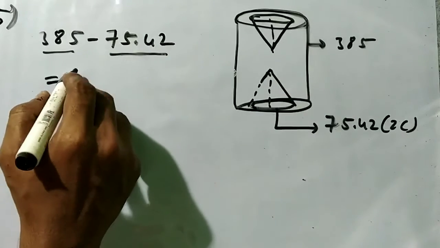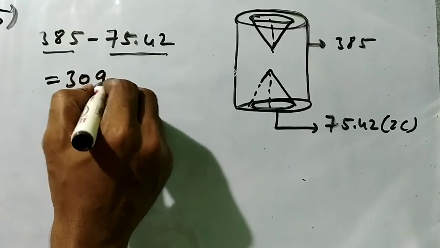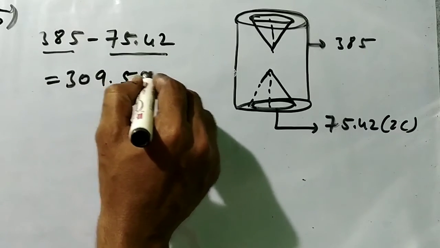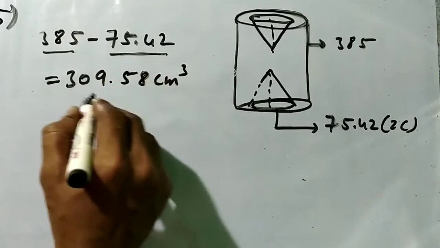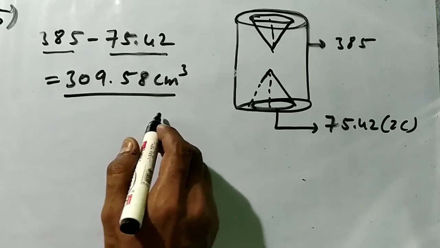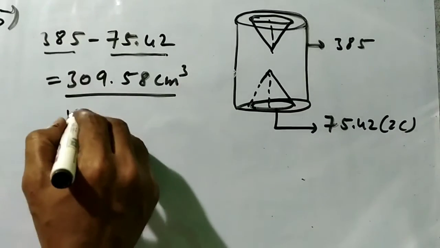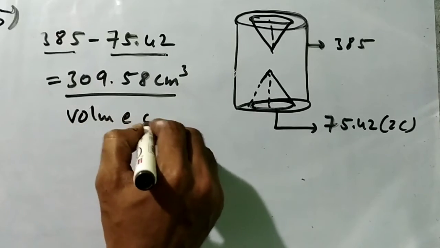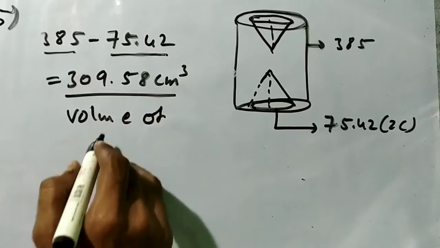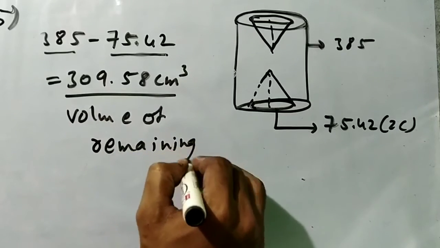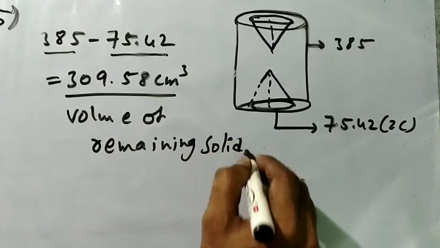We get 309.58. This is the volume left, the volume of the remaining solid. Let's take the sixth one.